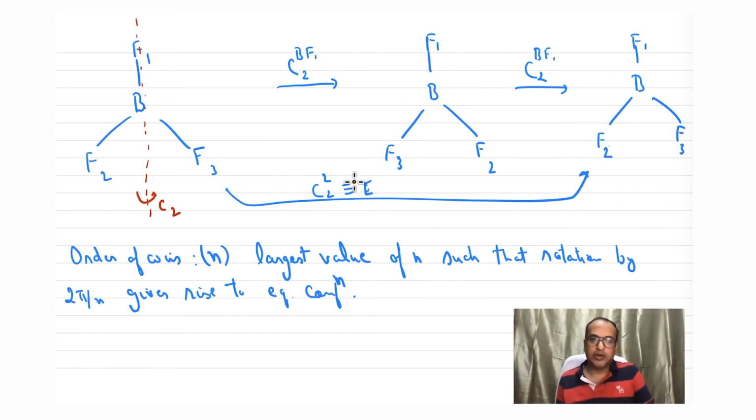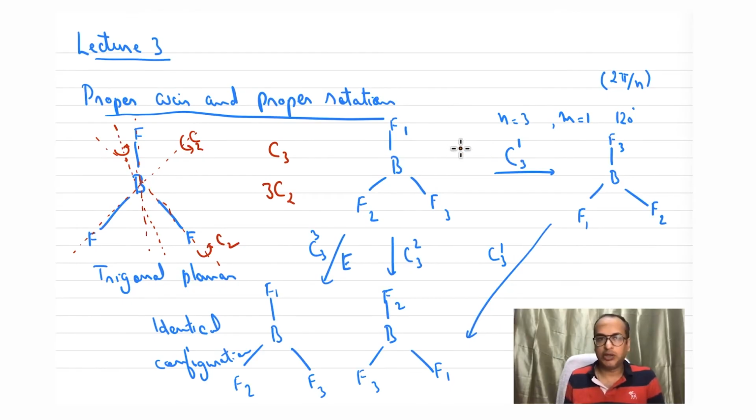So this is called the order of the axis. So for example, this is a proper axis with order 2. The previous one which we saw was a proper axis with order 3.